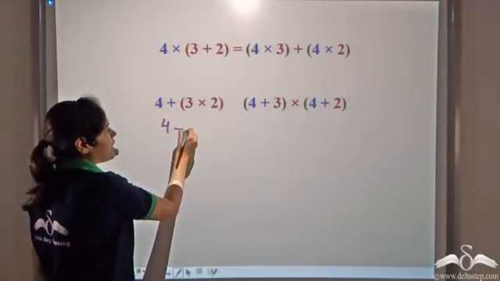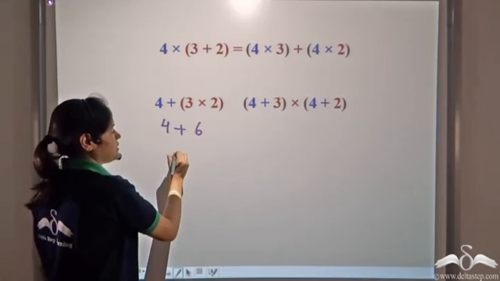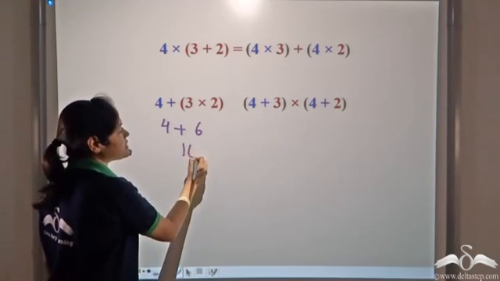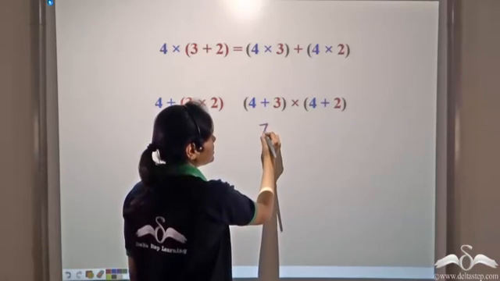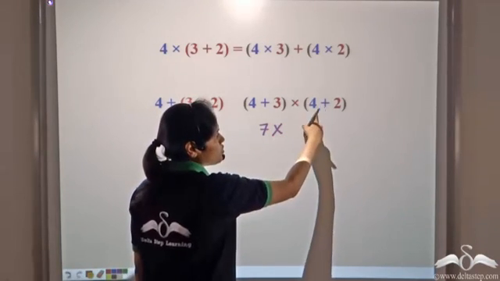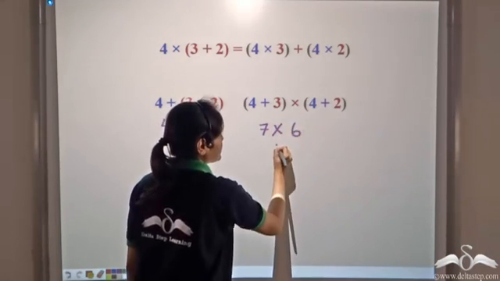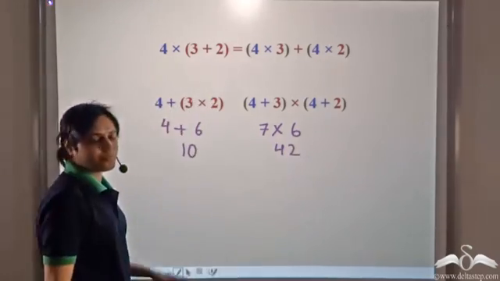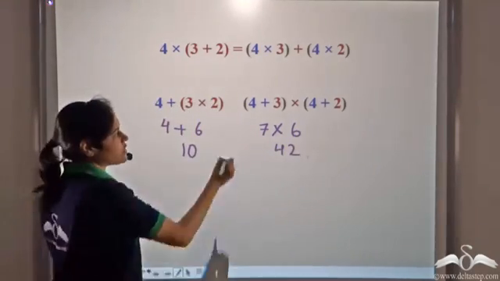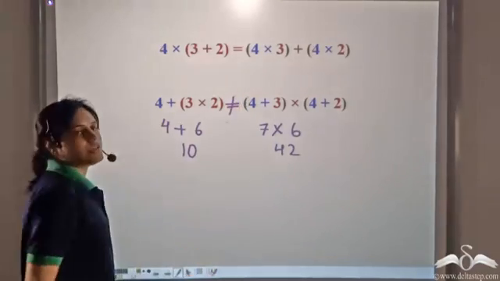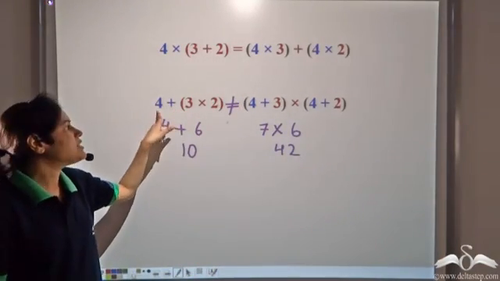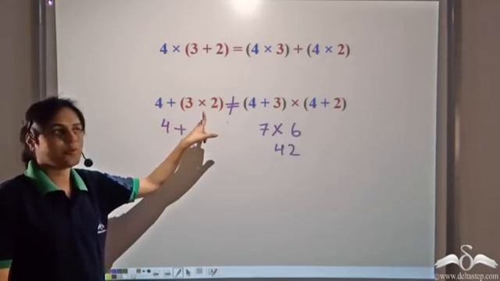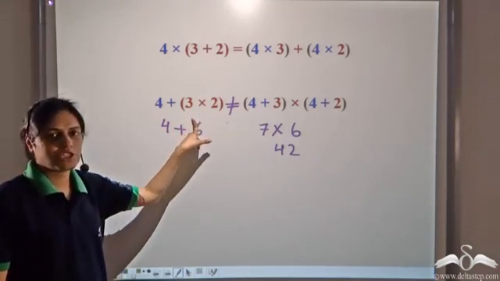Now let us consider this. 4 plus 3 into 2, 6. 4 plus 6 is 10. And this side is 4 plus 3, 7, into 4 plus 2, 6. This is 42. So these 2 are clearly not equal. So when we have 4 plus something, it does not get distributed over multiplication.